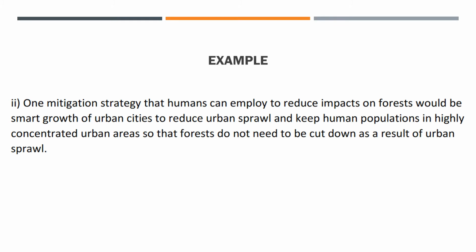One mitigation strategy that humans can employ to reduce impacts on forests would be smart growth of urban cities to reduce urban sprawl and keep human populations in highly concentrated urban areas so that forests do not need to be cut down as a result of urban sprawl.